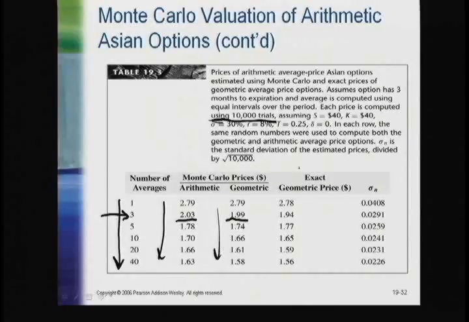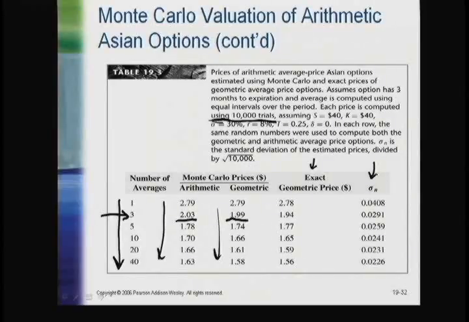Notice that there's an exact geometric price column. There's no exact arithmetic price column because there's no formula for that. There is a formula for exact geometric. And then here, this is the sigma, the standard error of the estimate.